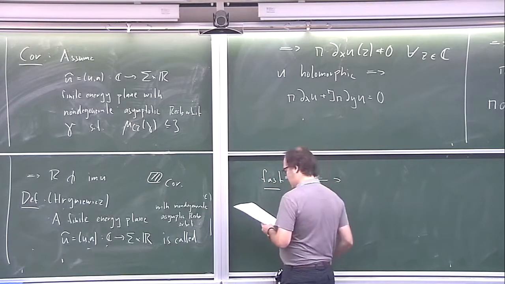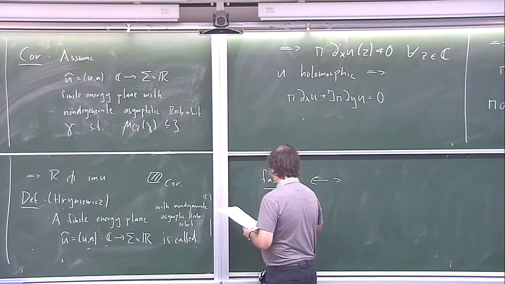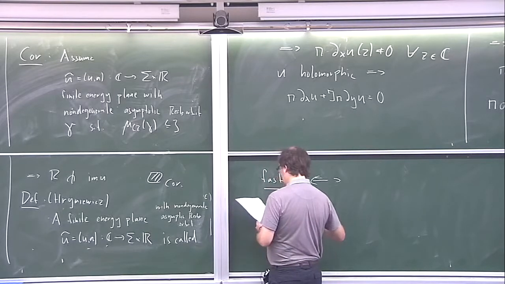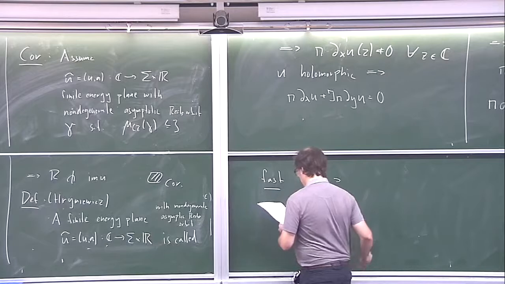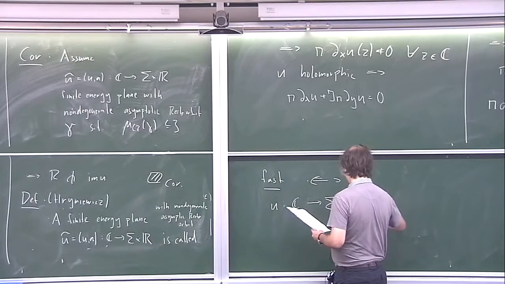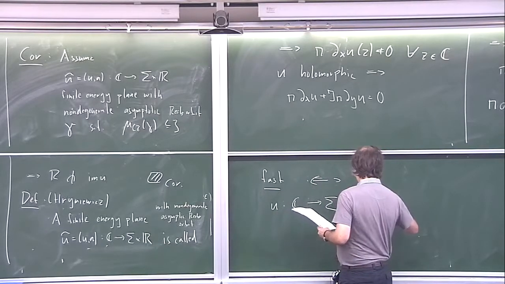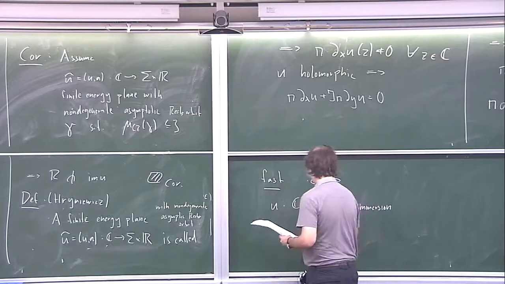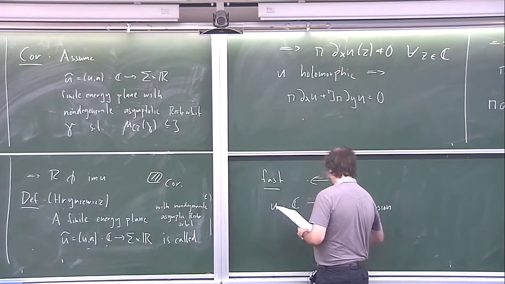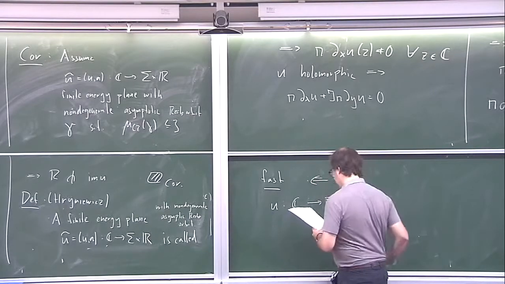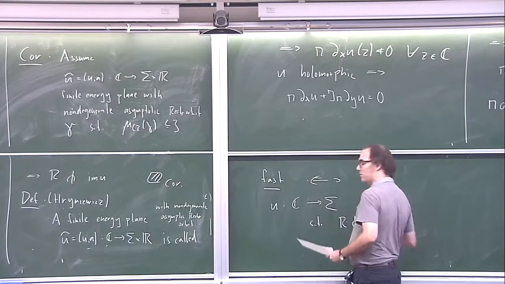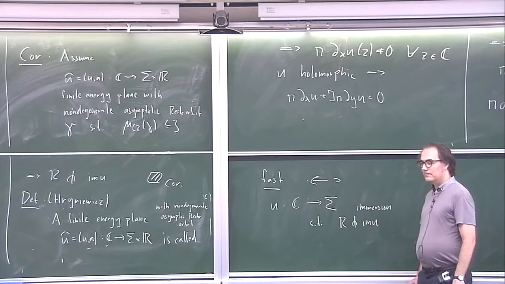Now we can also define it in this way: if u from C to sigma is an immersion such that the Reeb vector field is transverse to the image of u, then it is called fast.